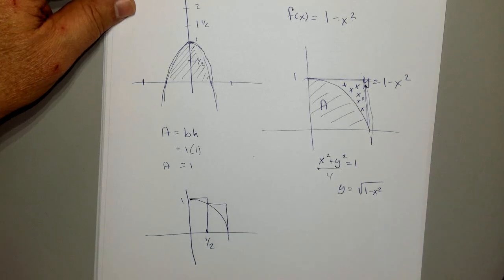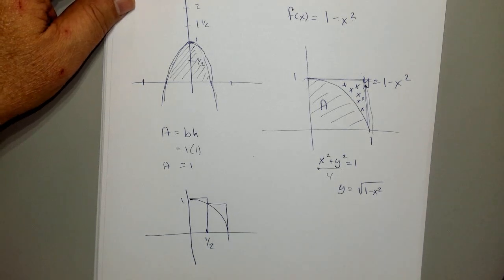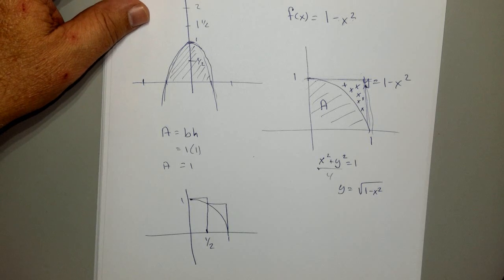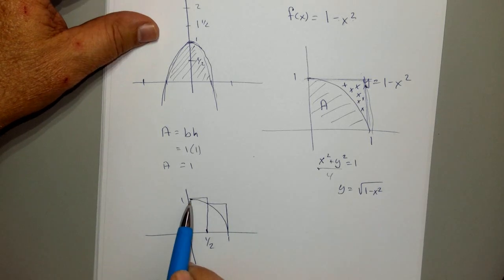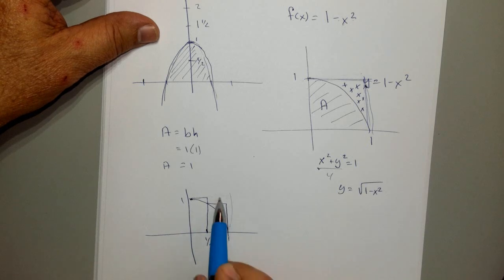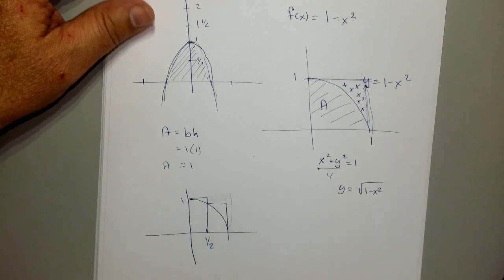What if we made 2 rectangles? Is that better? Well, yeah, because the first rectangle would have been all over here. We're now saving this much, so it's a little bit better.